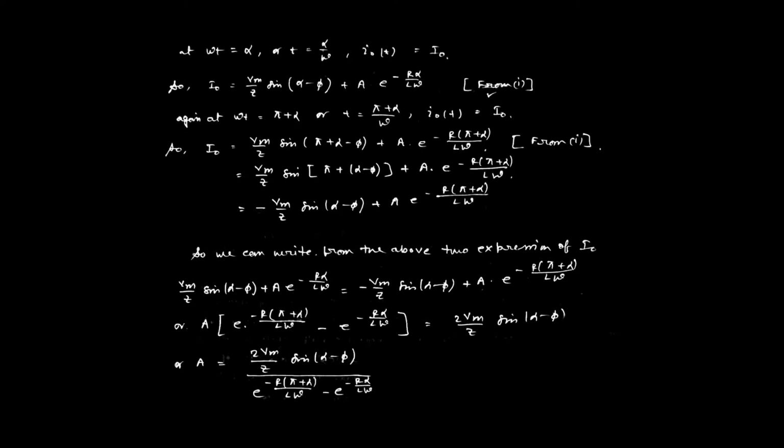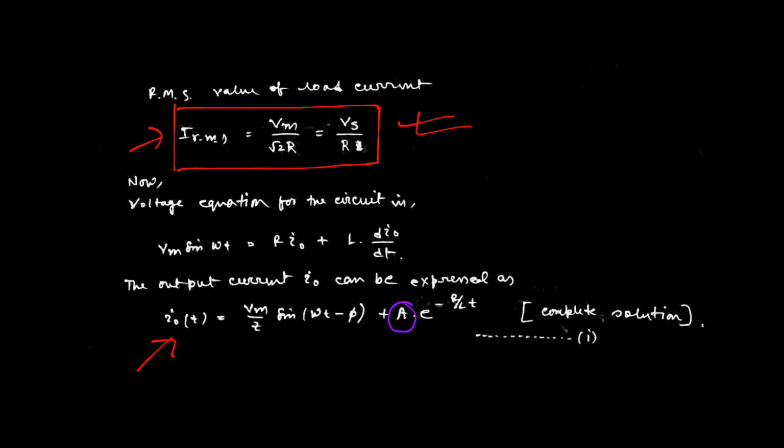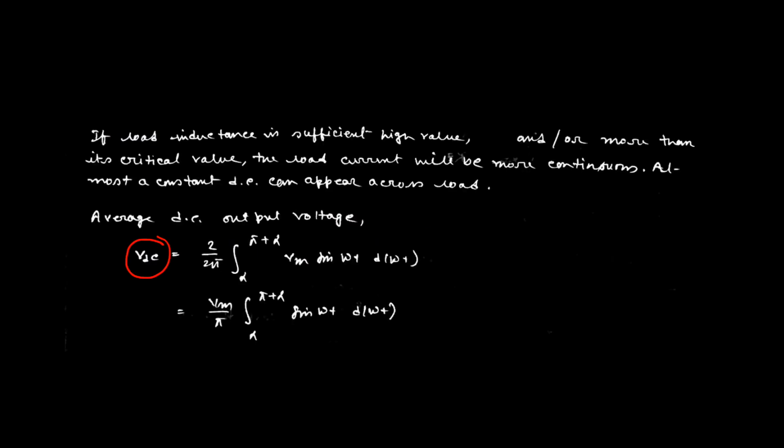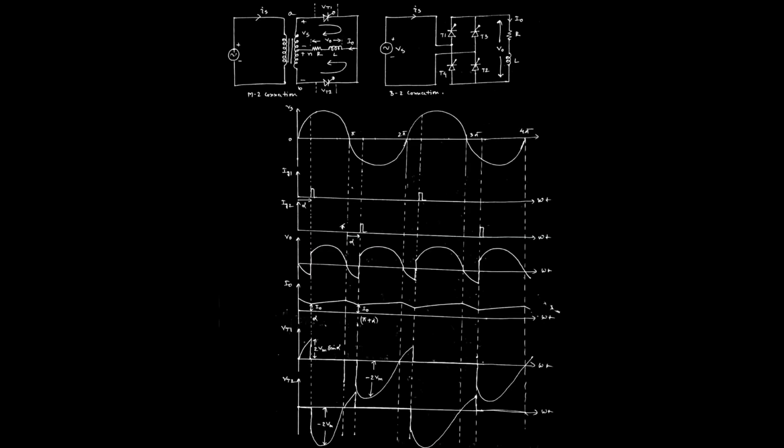At omega t equal to alpha, or t equal to alpha by omega, I0 is equal to capital I0. Next, if omega t equal to pi plus alpha, then again the value is capital I0. So keep these two values in mind.